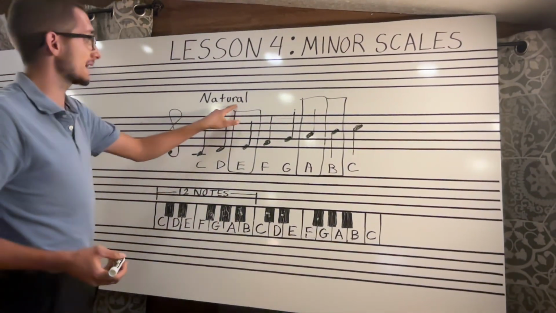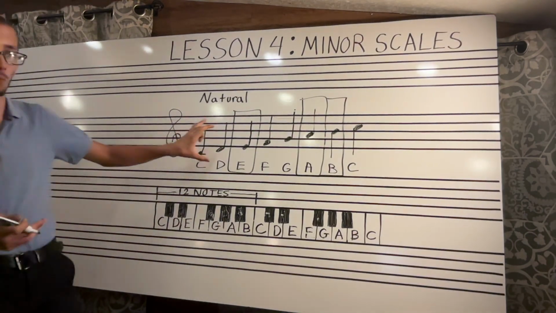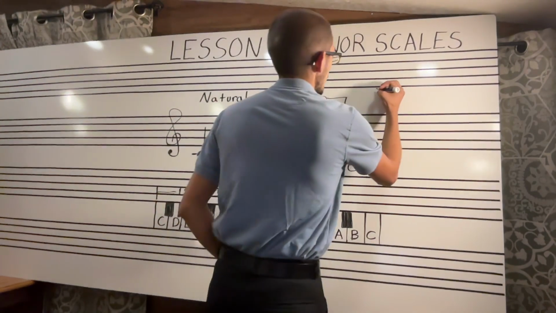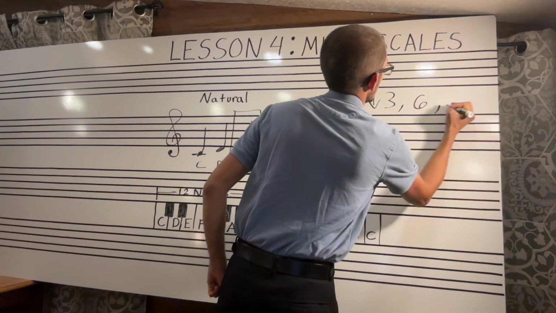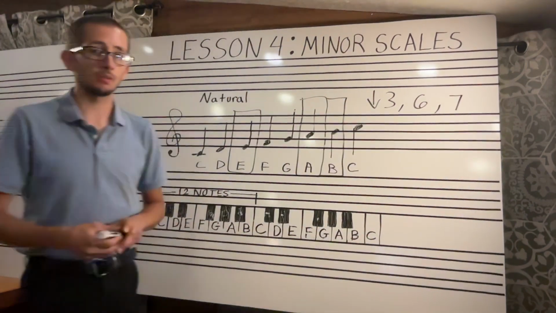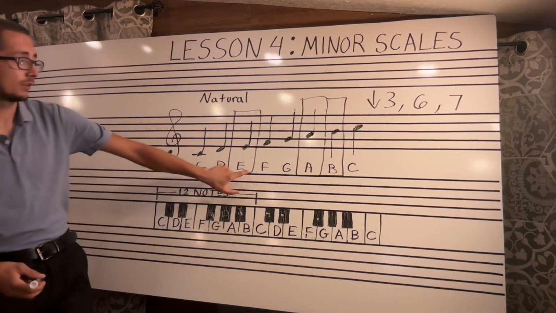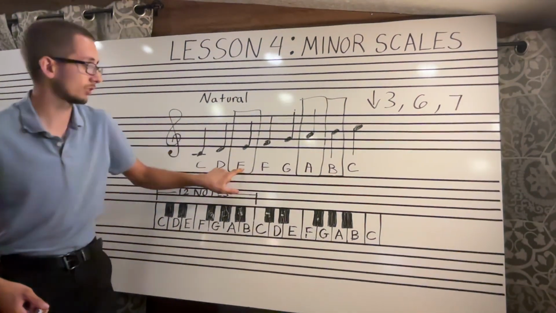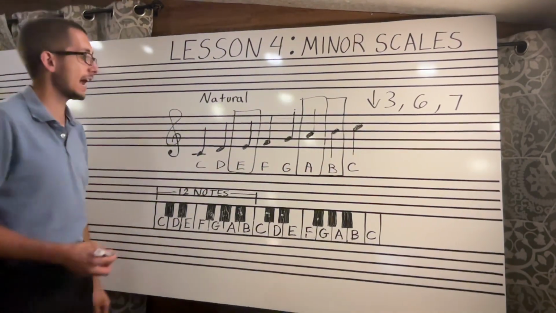So in order to make a natural minor scale, you will start with a major scale and lower the 3rd, 6th, and 7th note of the scale. So 1, 2, 3, 4, 5, 6, and 7. 3, 6, and 7. We are going to lower these 3 pitches by a 1/2 step.